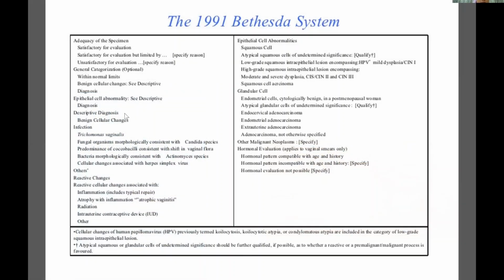This is how we classify for reporting in cervical cytology. We look at either epithelial abnormalities or glandular abnormalities, or we can see other infections like Trichomonas vaginalis, Candida, Actinomyces or herpes. These must be reported accordingly.